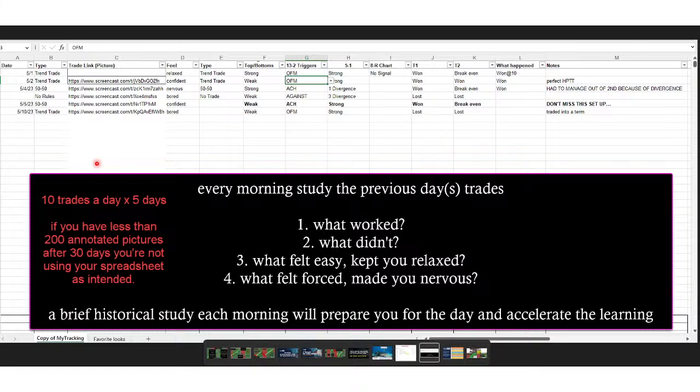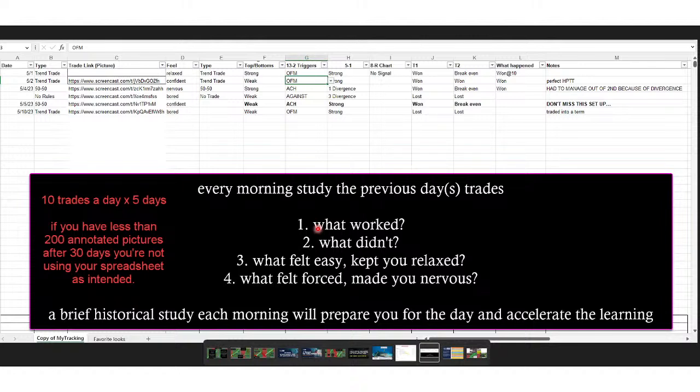And guys, you got to give yourself a little bit of grace. Each and every one of you in this room is new and learning. It's okay to make mistakes. That's what simulators are for. But you're going to go back and study these pictures every morning, guys. What worked and what didn't work. And if you do that, you're going to start the day focused on the things that are working. You're going to start the day focused on avoiding the things that aren't working.